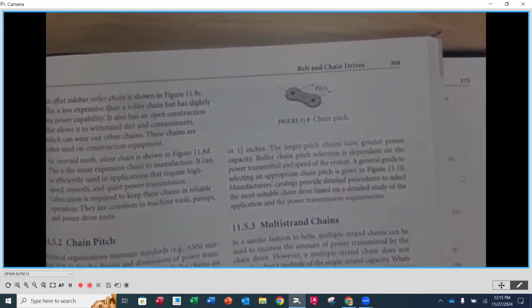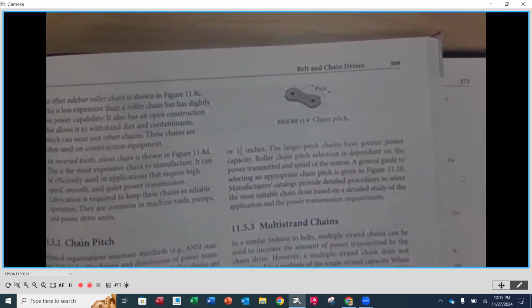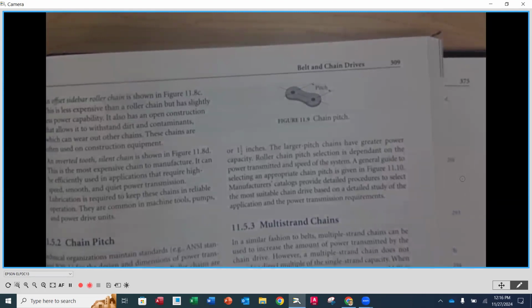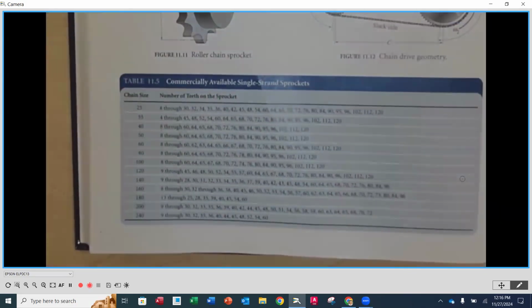And how this is classified is when we call out a number on a chain, for instance, number 60 chain, number 80 chain, number 30 chain, number 25 chain. We will see the standard chain sizes right down here on page 309.